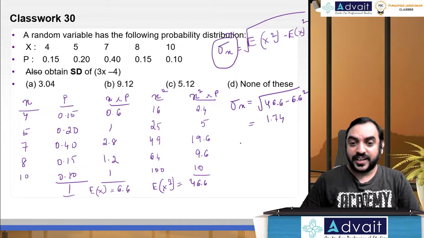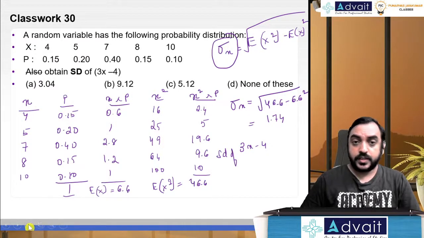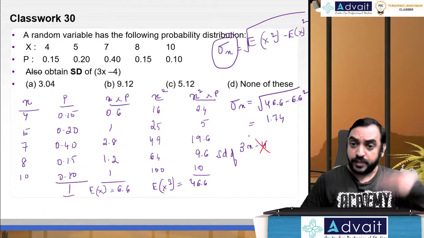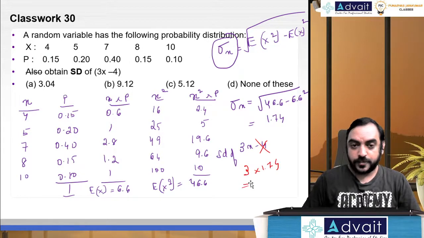And we need to calculate for 3x minus 4, right? Standard deviation of 3x minus 4. We ignore the constants, as they are independent of origin. So we ignore the constants, and the 3 multiplication we do. So 3 into 1.74, you multiply it by 3.